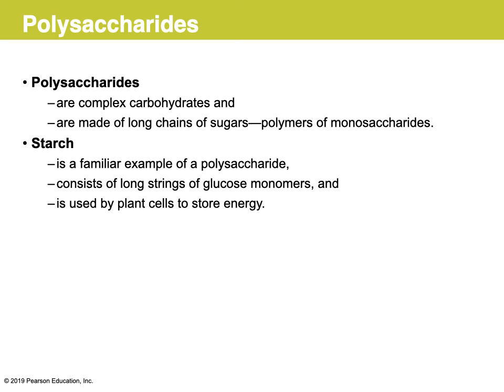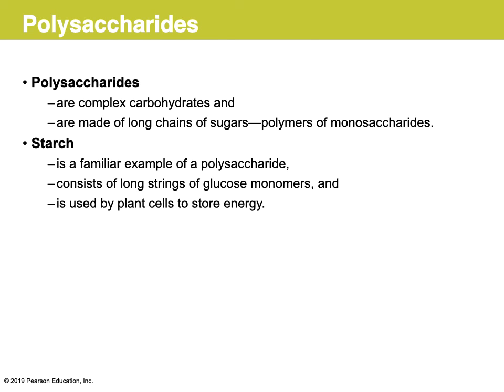Now, polysaccharides are complex carbohydrates and are made of long chains of sugars, so longer polymers that are constructed of monosaccharides. So it's like the counting system is 1, 2, and lots. So it's monosaccharide, disaccharide, and polysaccharides. Starch is a great example of a polysaccharide.